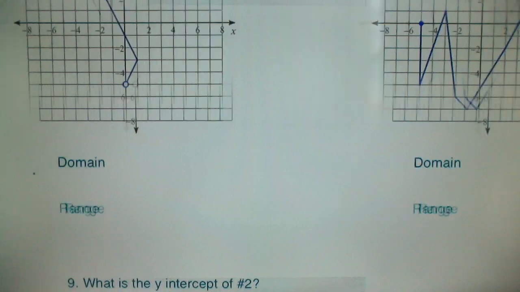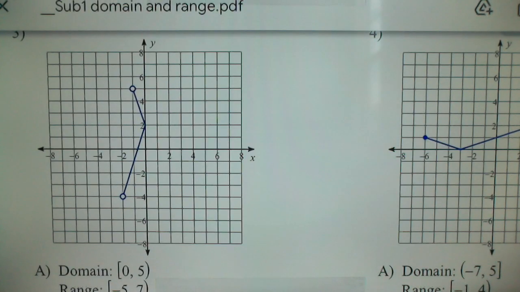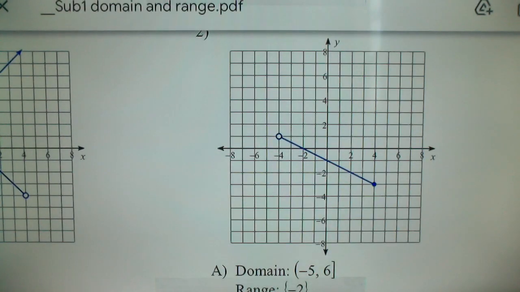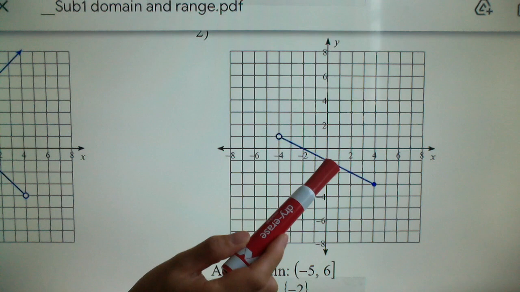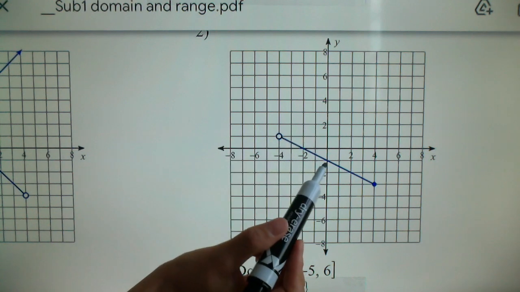Okay, so now we have to go back to graph 2, because I asked what's the y-intercept of number 2. So y-intercept means when x is 0. So it's here, right? So the answer is -1. So again, you need to find when x is 0.